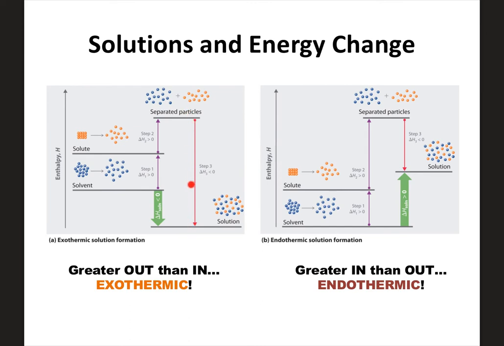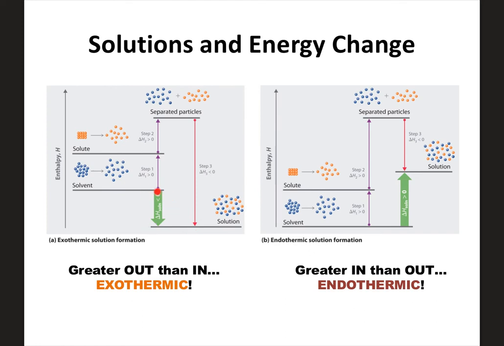All right. And in this case, probably because it's a polar solute and a polar solvent, you get much more energy back than you put in. So if you notice here, this is the amount you put in. This is the amount you got back when the solute and the solvent interacted.